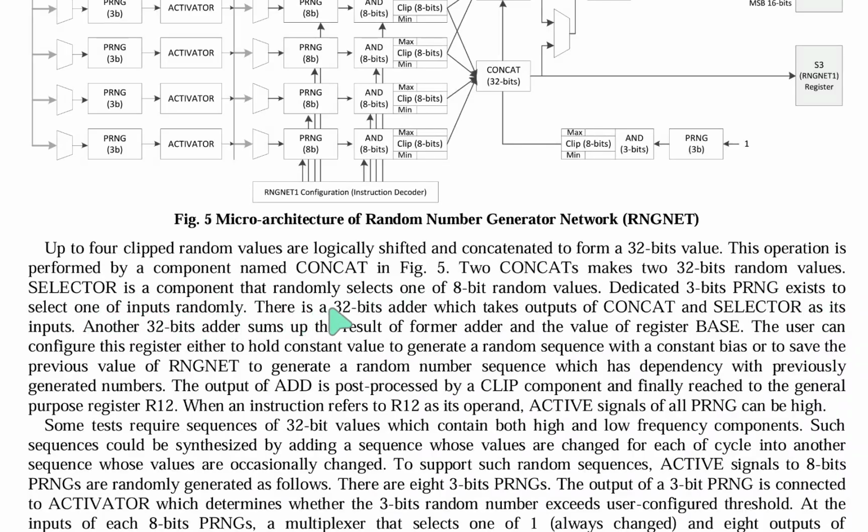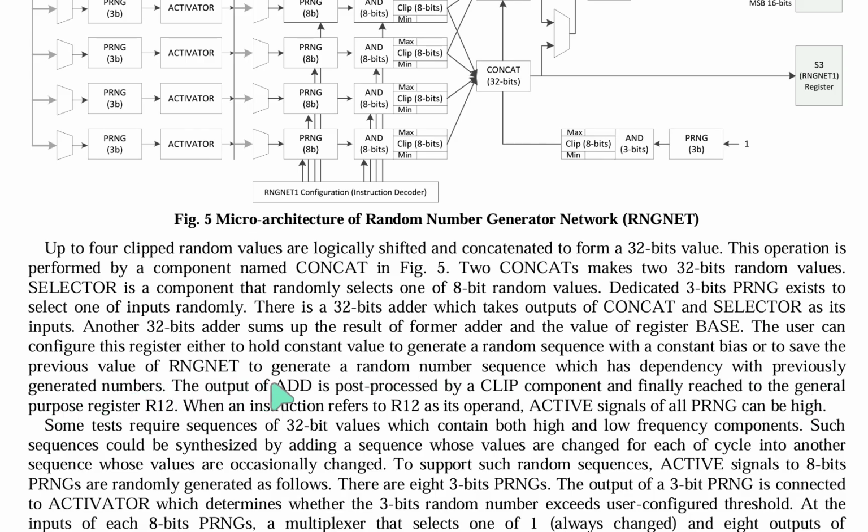There is a 32-bit adder which takes the output of a concat and a selector as its input. Another 32-bit adder sums up the result of the former adder and the value of register base. The user can configure the register either to hold a constant value to generate a random sequence with a constant bias, or to save the previous values of RNGNet to generate a random number sequence which has dependence on previously generated numbers.